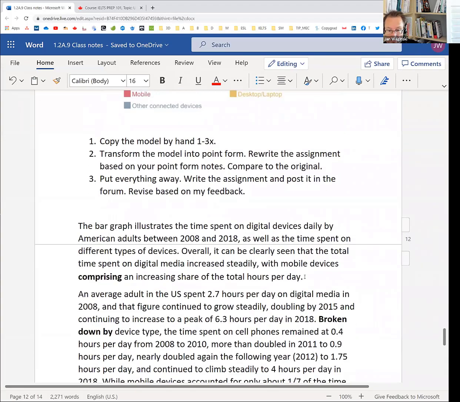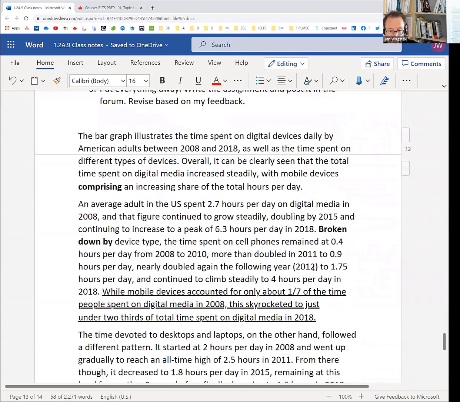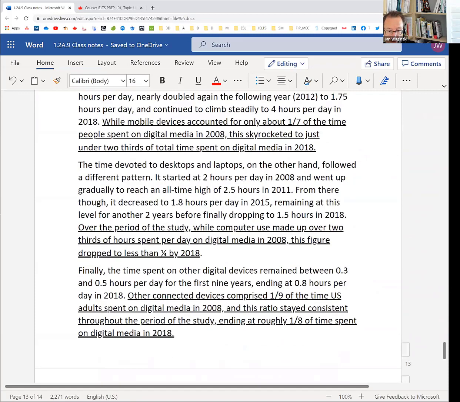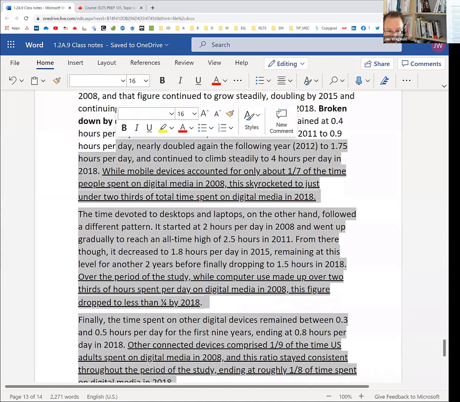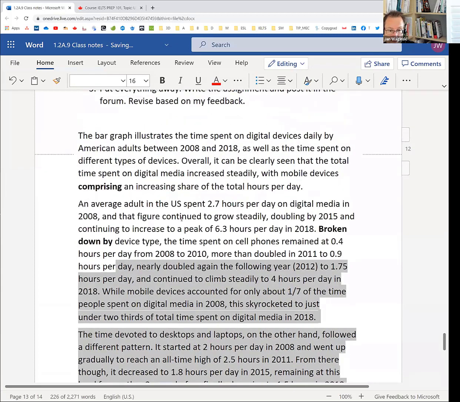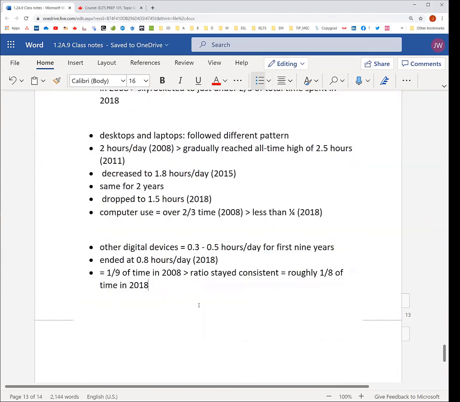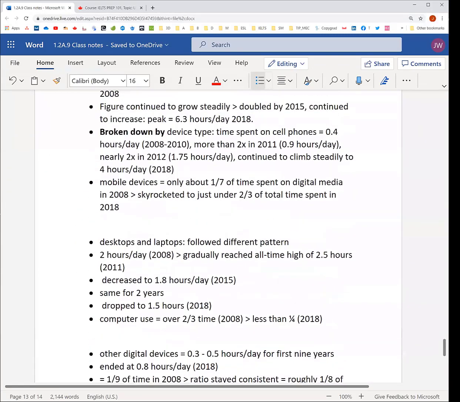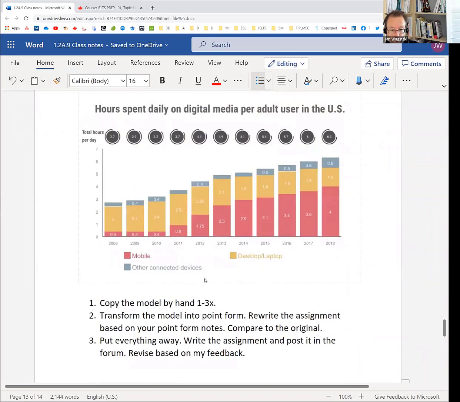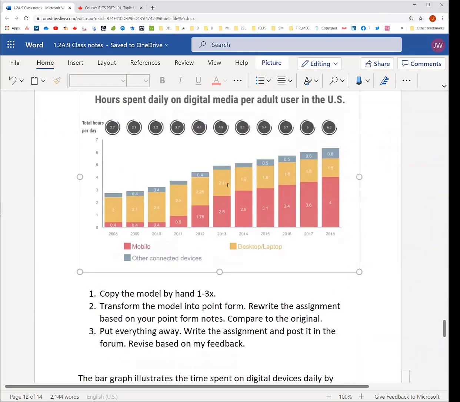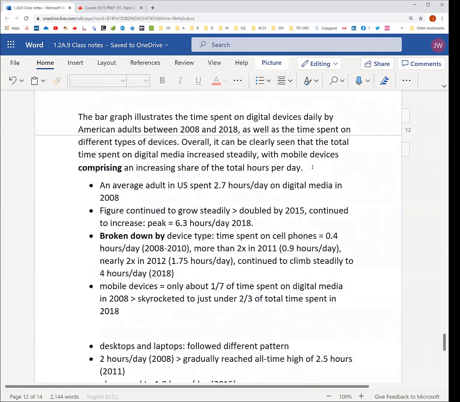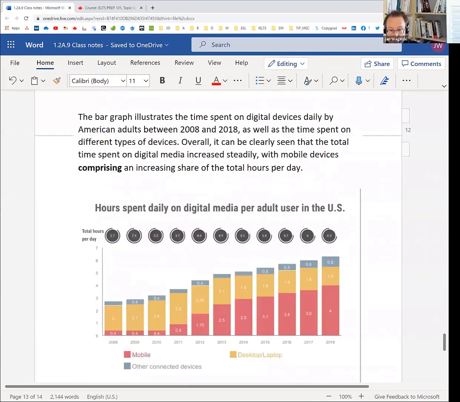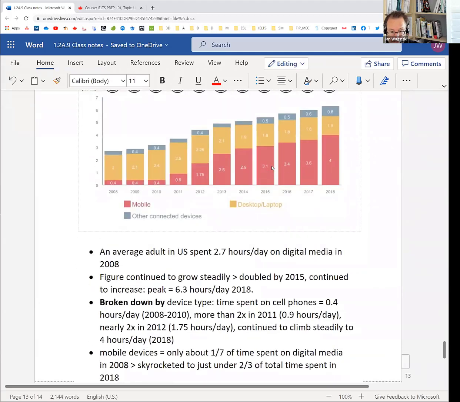Okay, I'm going to leave the intro alone, and let's just change all this stuff into point form. Let's do this orally.